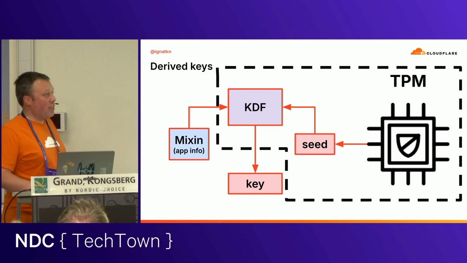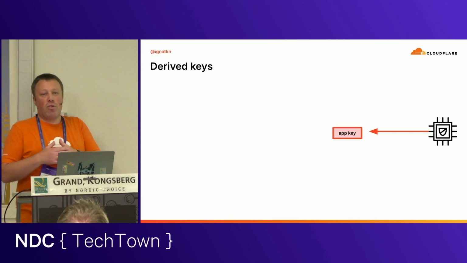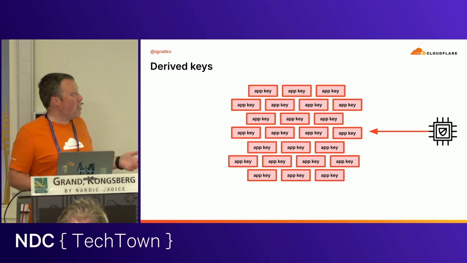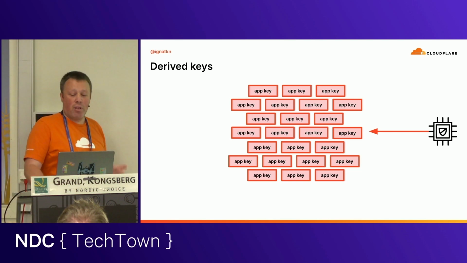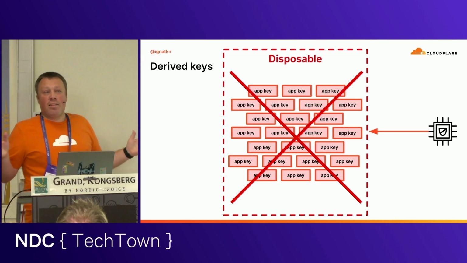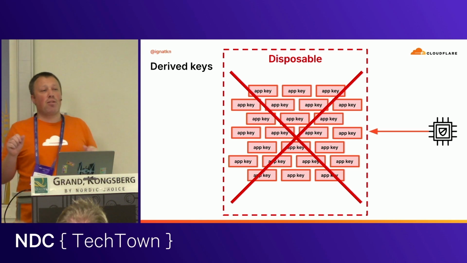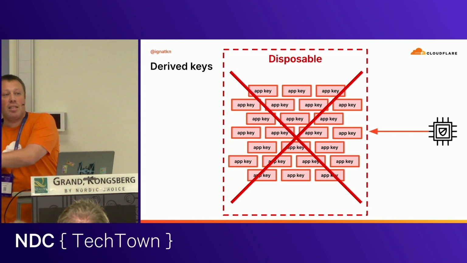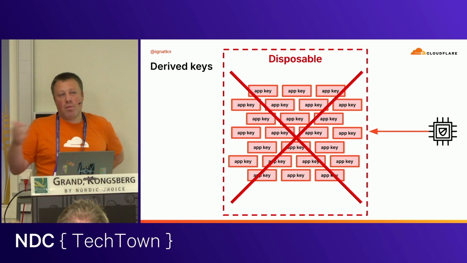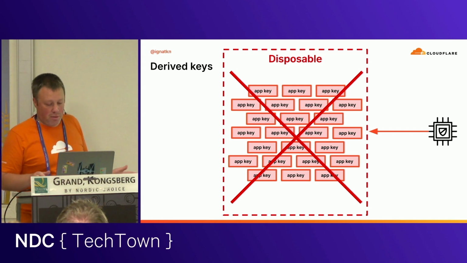And the nice thing about it is that it's perfectly scalable, because as long as you find metadata which is unique to your application, you can create many unique keys, and these keys will be unique for every application. And this state is totally disposable, because the whole process is reproducible, right? As long as you have access to the TPM and its seed, and your application metadata, which can be just some static thing about your application, you can always recreate all your keys.